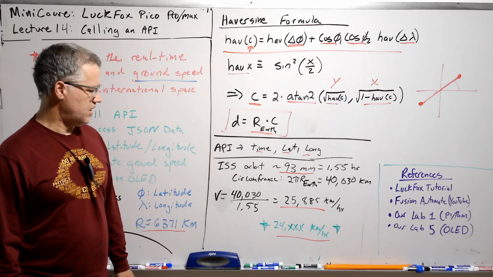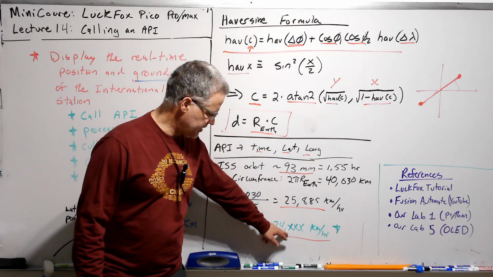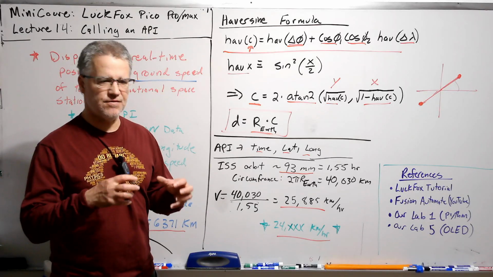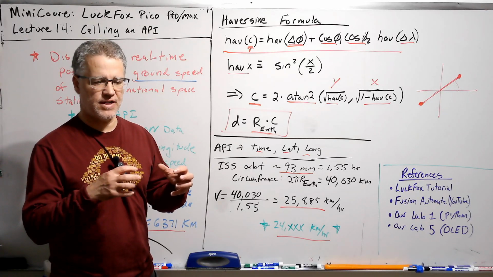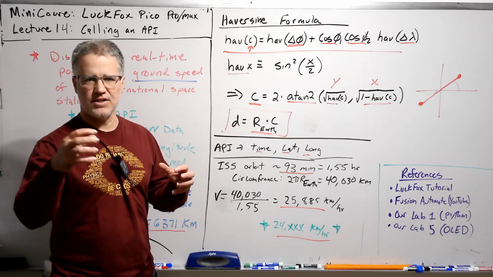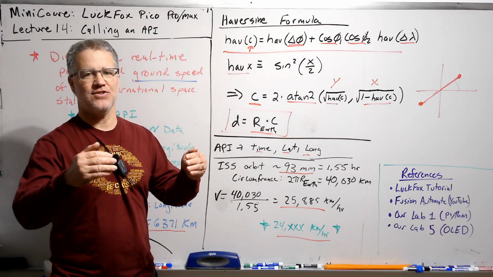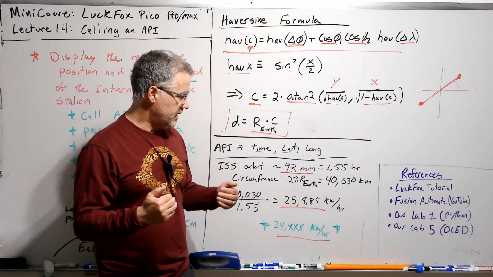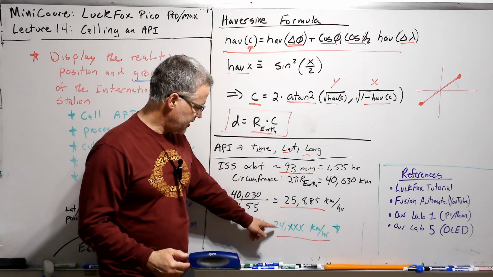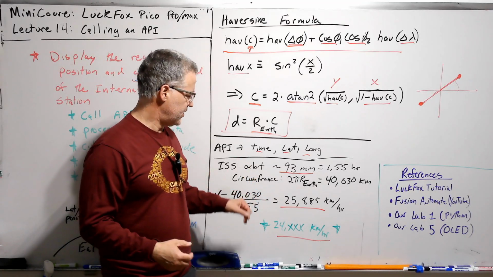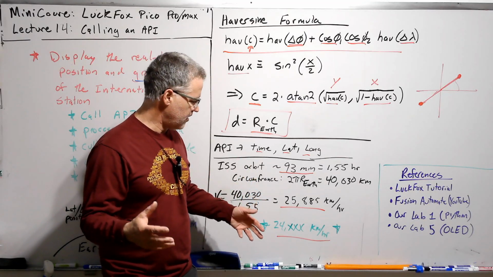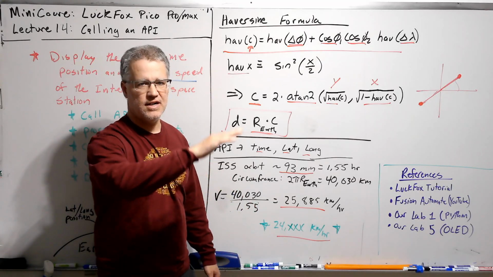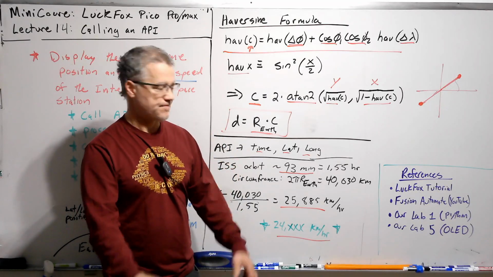The other thing I noticed is that I don't know if it's just fluctuation in the formula for calculating the latitude and longitude that then sent back through the API, or just a natural variation. Obviously, it's not a natural variation in the space station itself, but these numbers will fluctuate kind of up and down as you watch it over time.